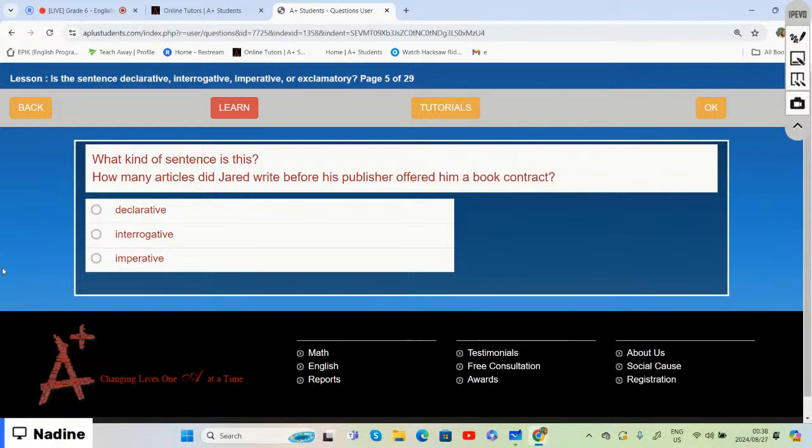Or option three, an imperative sentence?